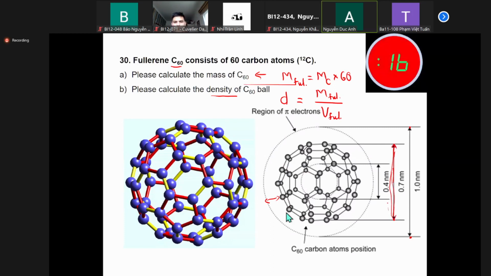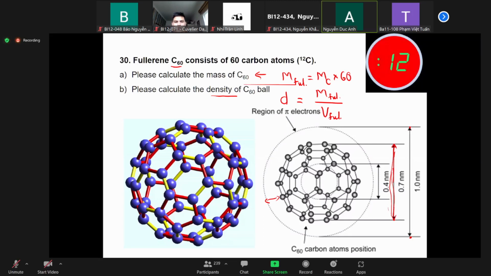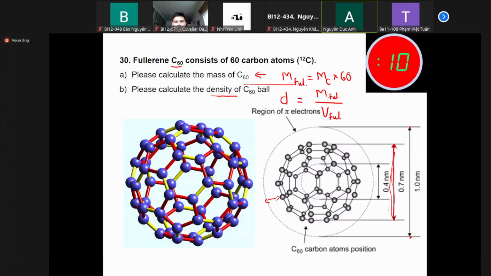But in the normal case, fullerene does not stay alone. So we have to consider the cloud of pi electrons around the fullerene, because of this part, we have contact with the other fullerenes.